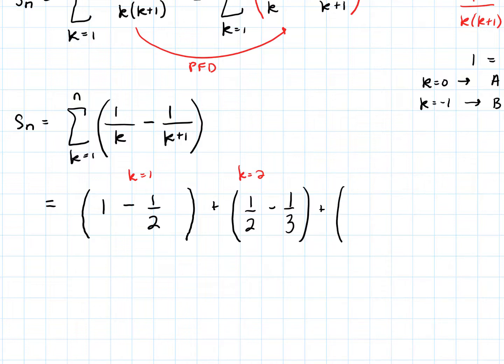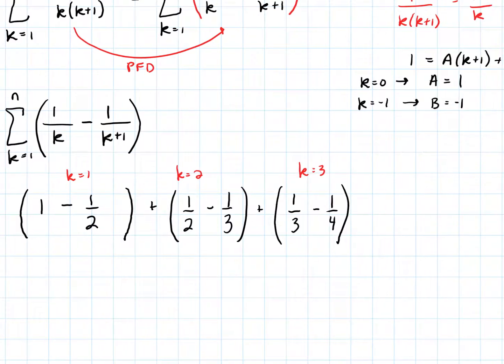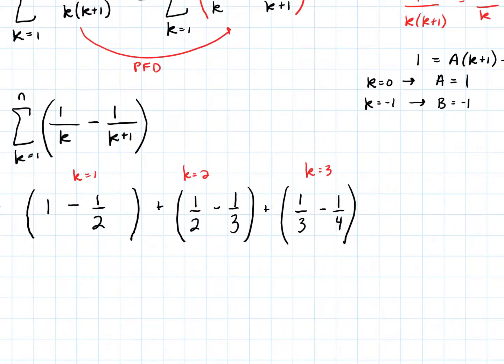When k equals 3, the next term is 1/3 minus 1/4. I'm leaving the parentheses in place to differentiate the terms. When k equals 4, the fourth term is 1/4 minus 1/5, and this is going to go on and on.